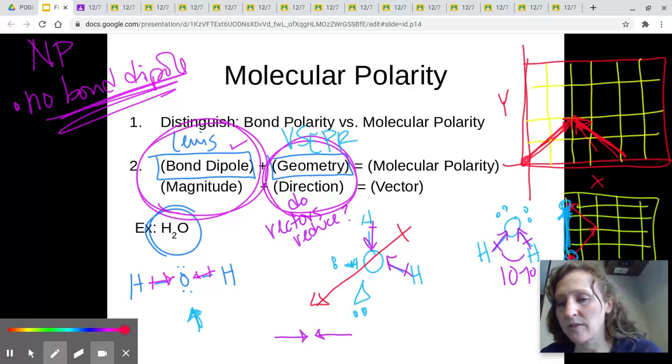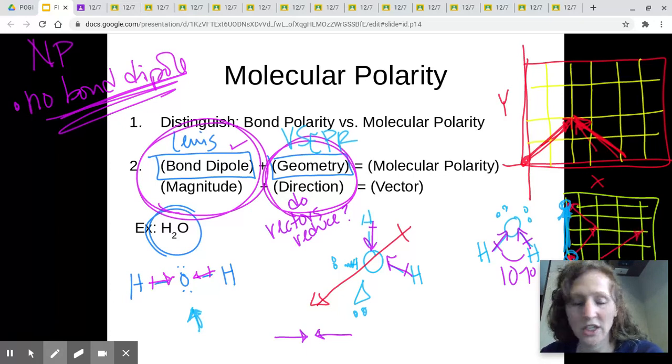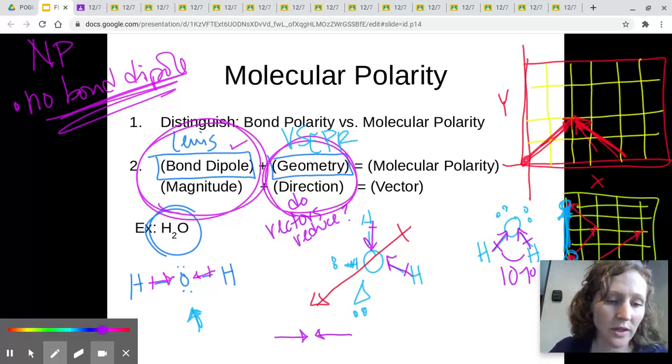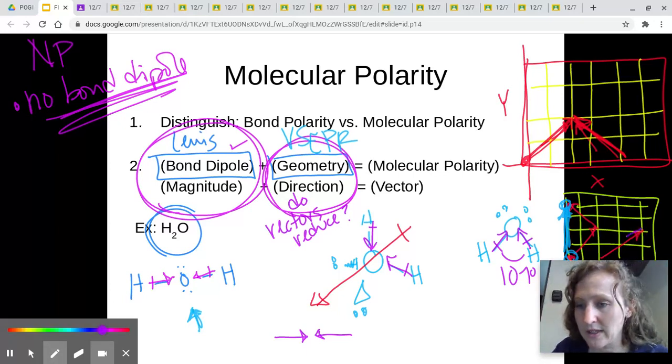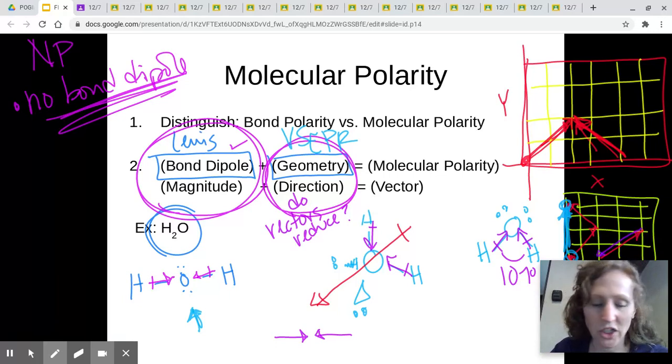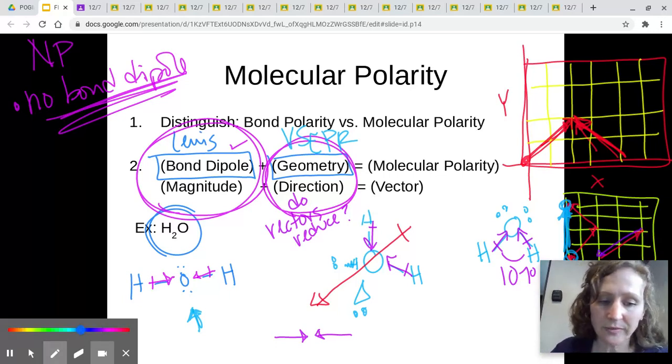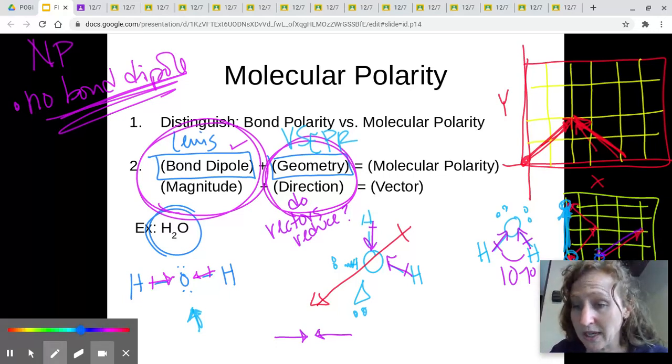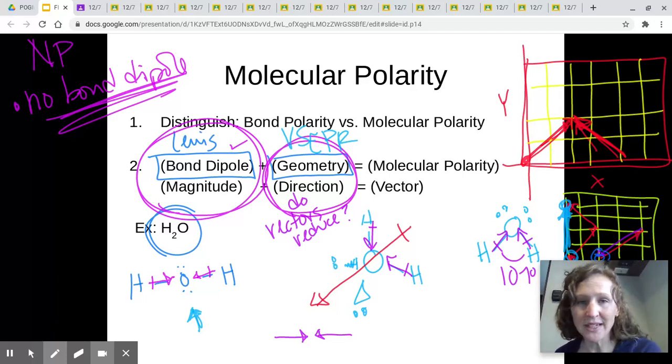Let me give you an example of that. If I had one that went over and up in this direction, and then a second one that went over and down in the opposite direction, notice how my origin and my ending point are in the same place. Those two vectors cancel each other out.